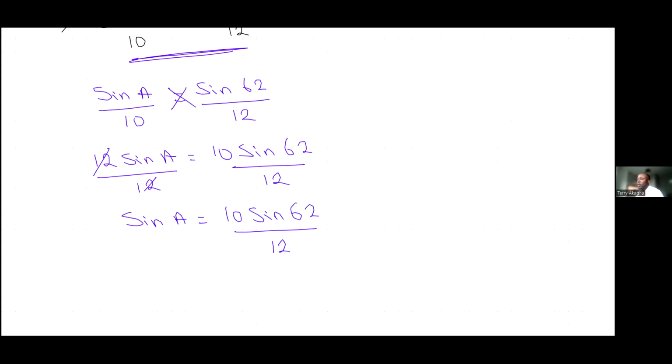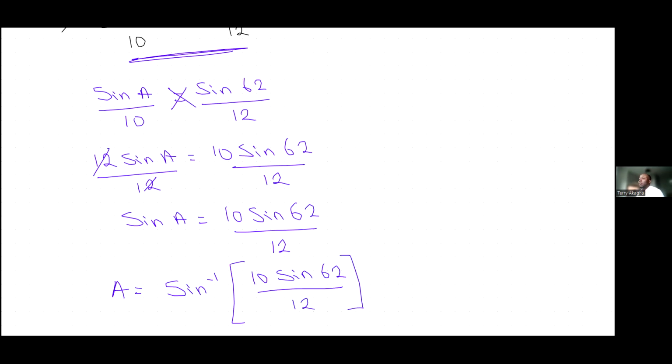But we're not looking for sine A, we're looking for A. So A is going to be equal to the sine inverse of 10 sine 62 divided by 12.